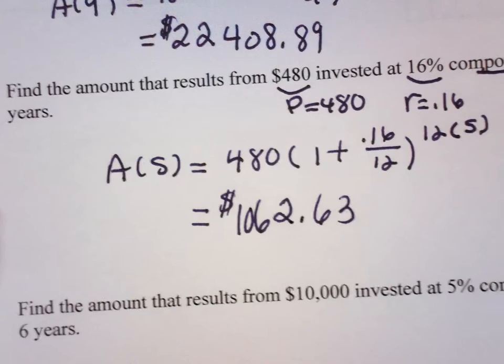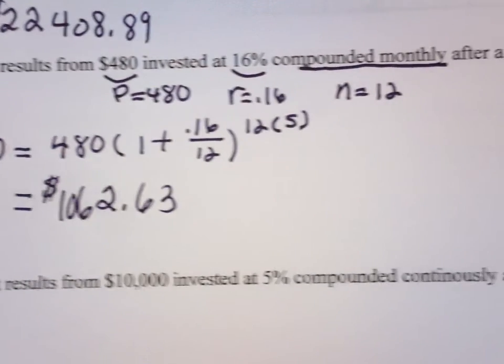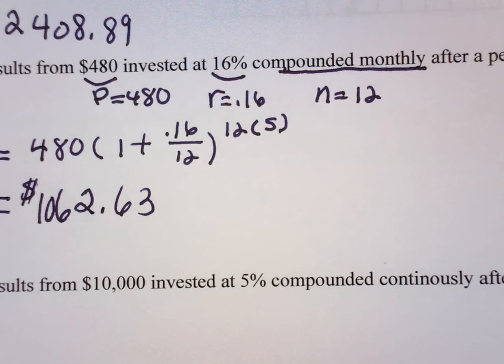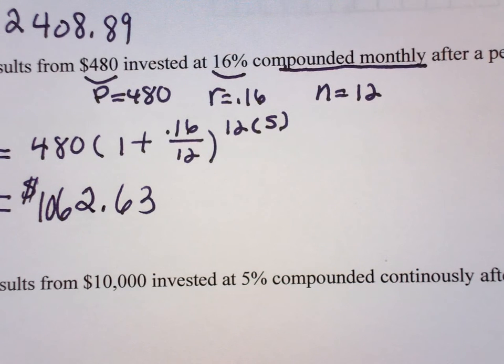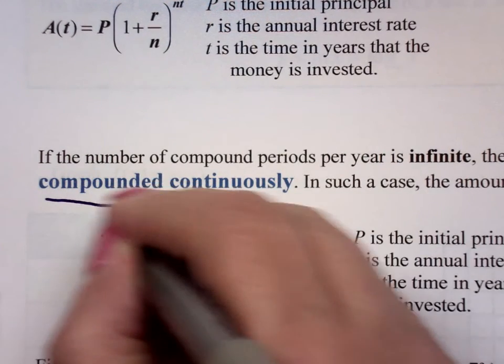Find the amount that results from $10,000 invested at 5% compounded continuously. We don't have an N. Well, that means we have a different formula, and that's this one up here. This is for continuous compounding.